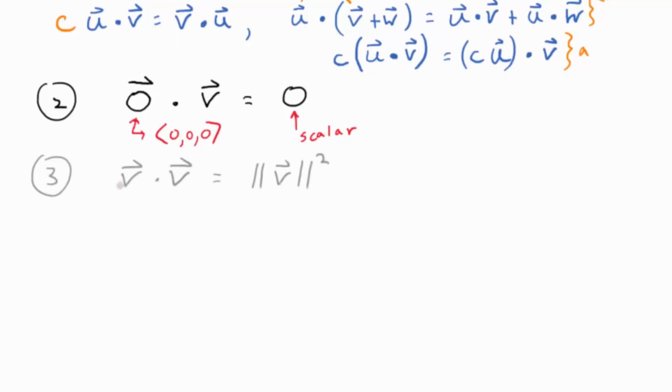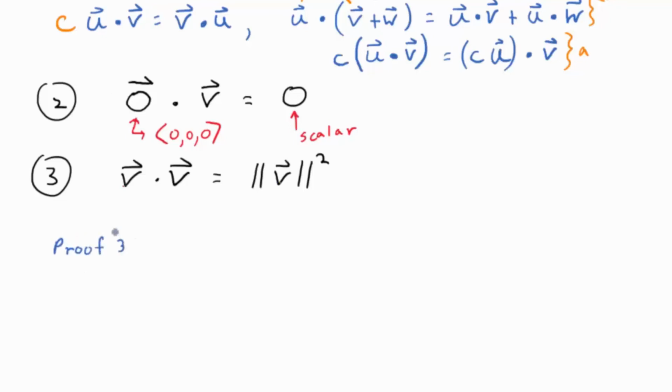And then V dot V is equal to the magnitude of V squared. That's the one I'll prove for you. So V dot V. Oh, and by the way, I'm using 3 component vectors here. Do you think these properties work just as well with vectors with just 2 components in the plane? Yeah, they work just as well with 2 components as 3. So let's prove this one.